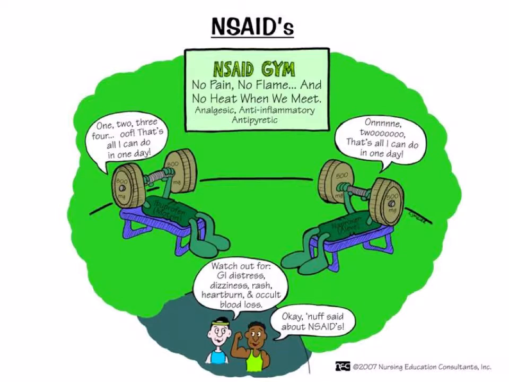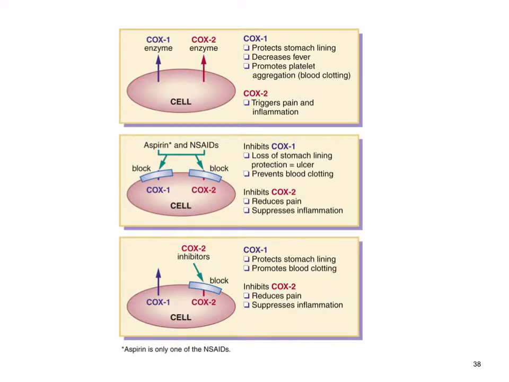NSAIDs cost more than aspirin. A common side effect of NSAIDs is gastric irritation. These drugs should be taken with food, at mealtime, or with a full glass of water to help reduce this problem. It shows you what the COX-1, the COX-2, and the combination do.